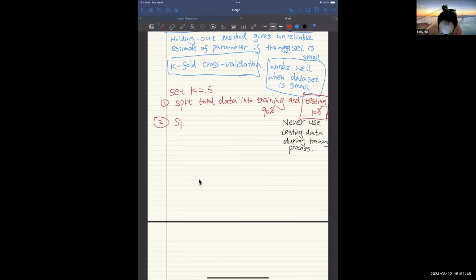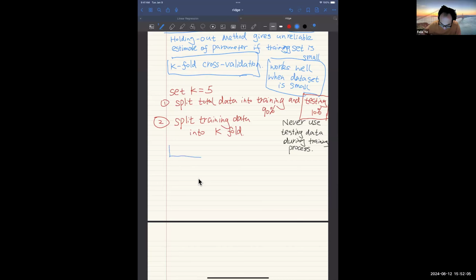The second thing is you split the training data into k-fold. For example, in this situation it will be 5-fold.